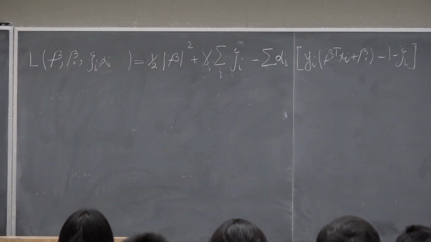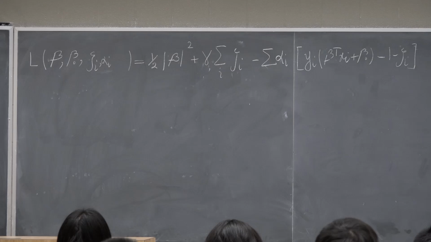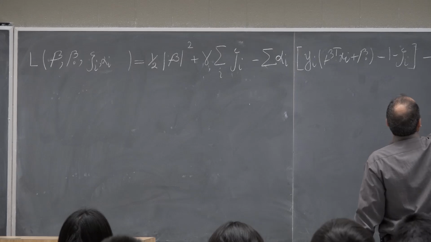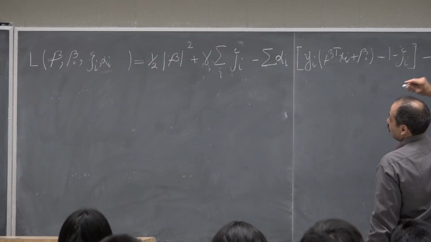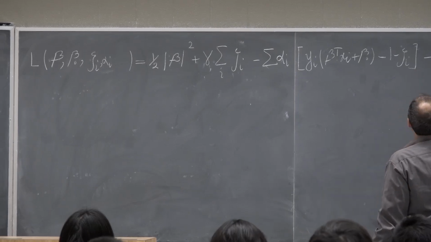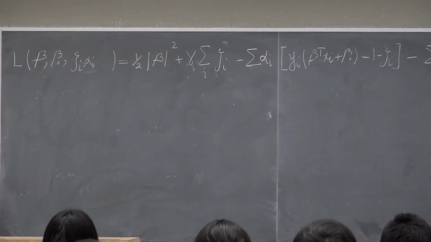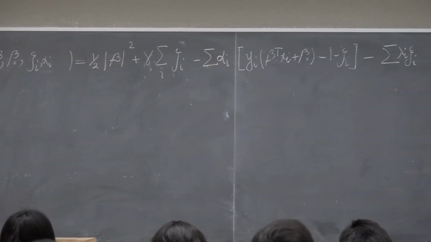I have another constraint here. In the past, we had only this constraint. We had n of them. And now I have another set of constraints, and also I have n of those constraints. So I need another term here, minus sigma over zeta i, and I need a Lagrange multiplier for that.